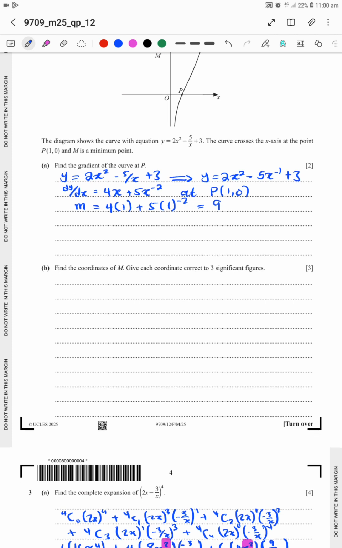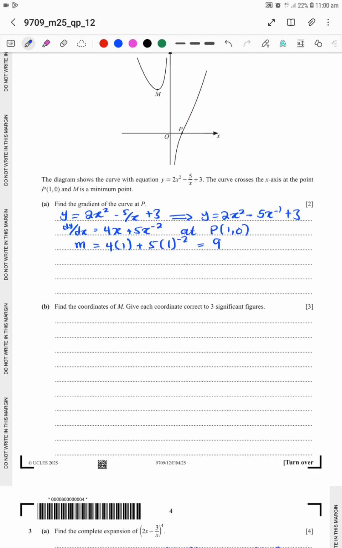Part B says we should find the coordinates of M, and we should give each coordinate correct to 3 significant figures. This is important. So let's see how we can solve this one.